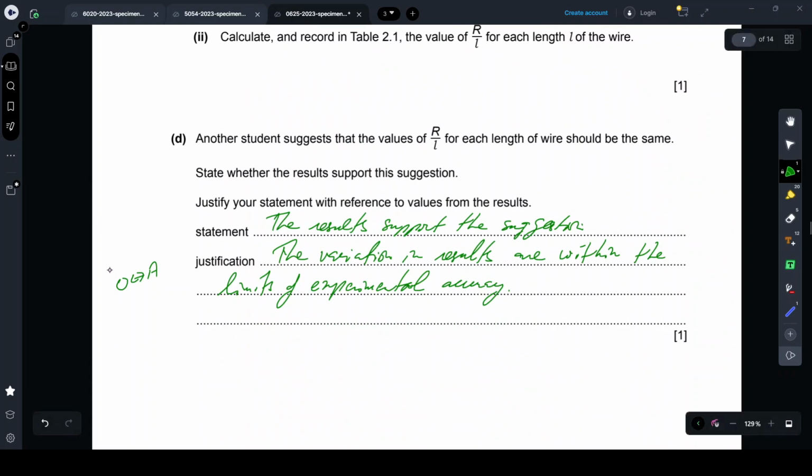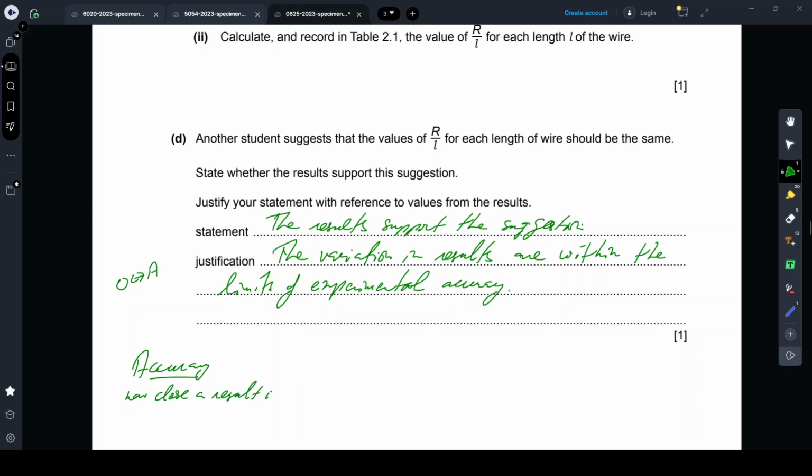Remember, there are two terms you need to know. Accuracy, which is how close a result is to the actual value.